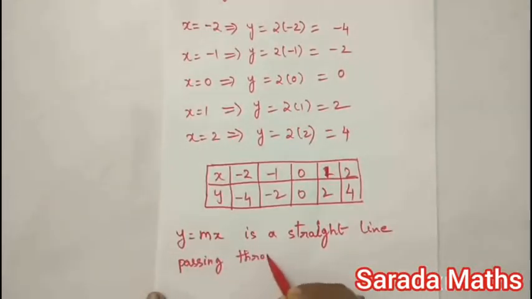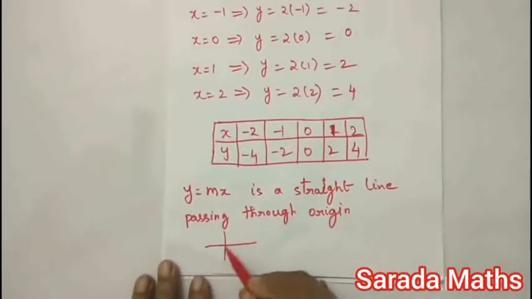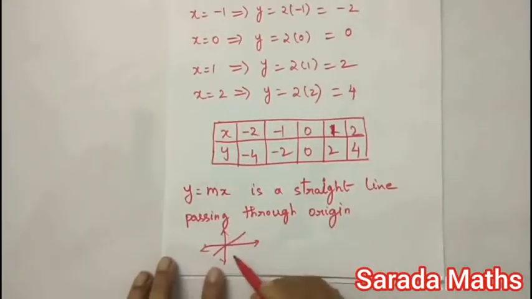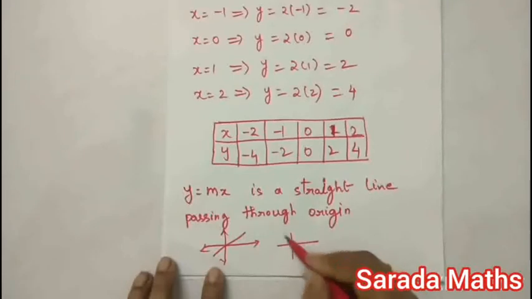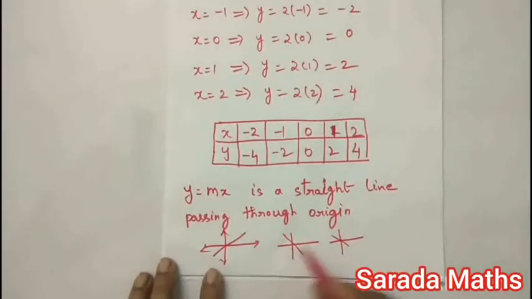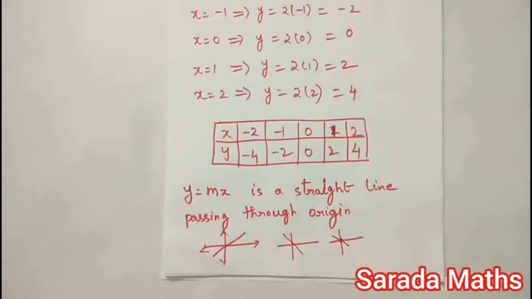So when you plot a graph of this form of linear equation in two variables, it will be a straight line passing through the origin. It can be like this, or it may pass in this direction, or in this direction. In any direction, it will just touch the origin and pass. So any equation of the form y is equal to mx is a straight line passing through the origin.